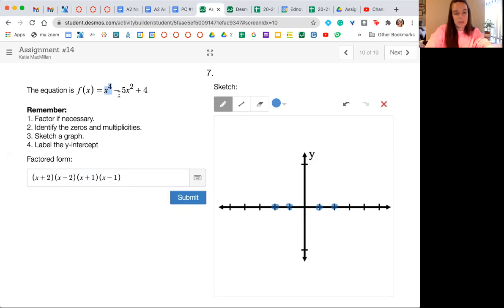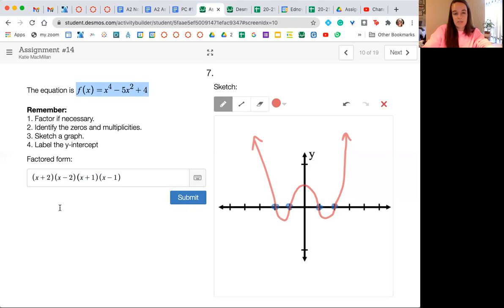The leading term is positive, so I know that it's going to be headed up, like this. And they're all single terms, right? So I'm going to go down this way, up this way, down here, and back up like this.